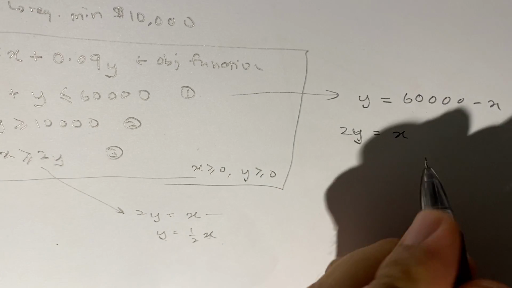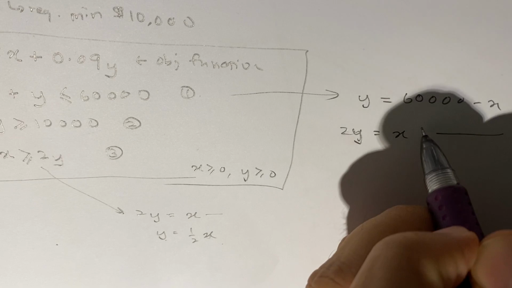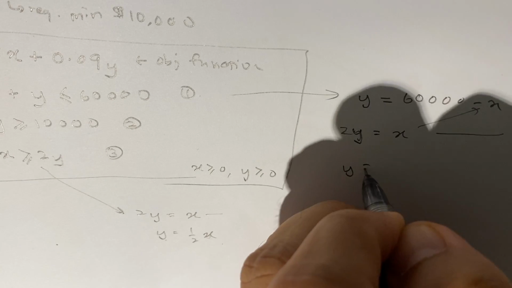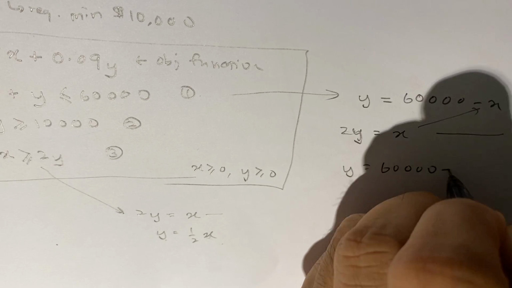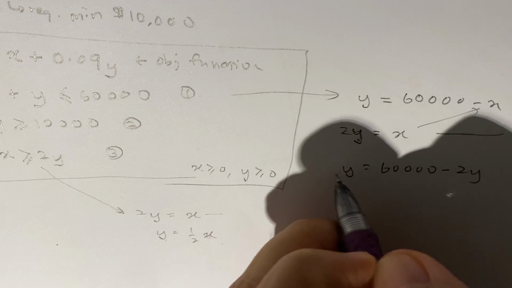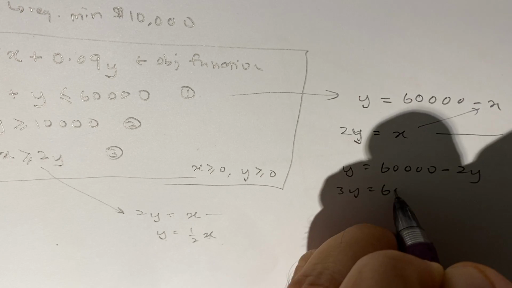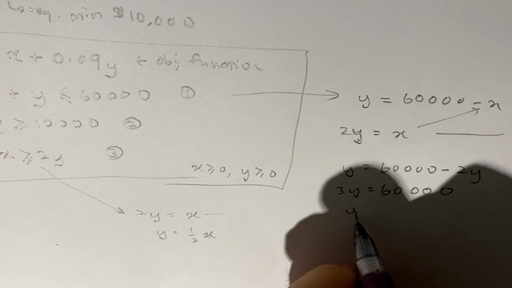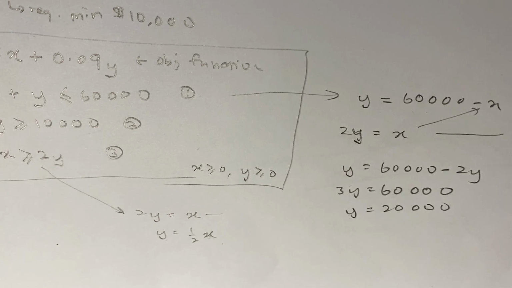So replace this: y equals 60,000 minus 2y. Bring to the other side, 3y equals 60,000, so y equals 20,000.